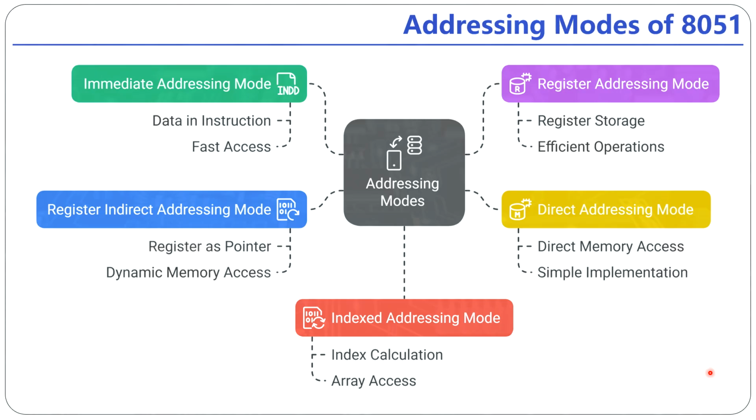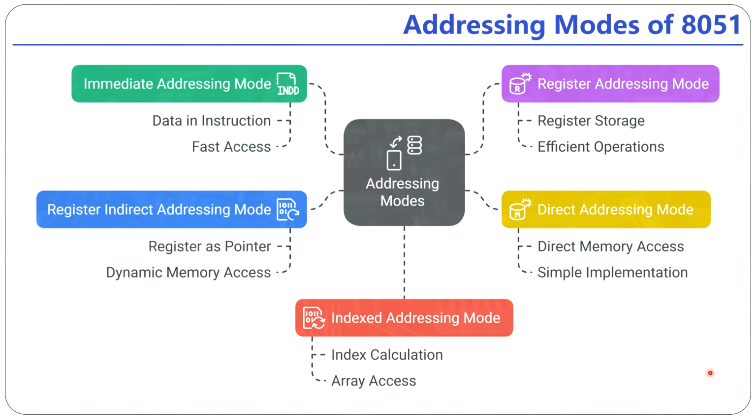First, immediate addressing mode. In this mode, the data is directly provided inside the instruction itself, right? So the microcontroller does not need to access memory separately. This makes it very fast because the data is already available.